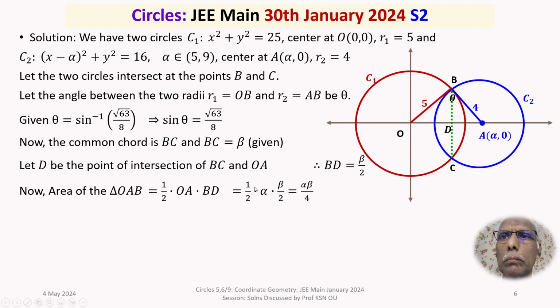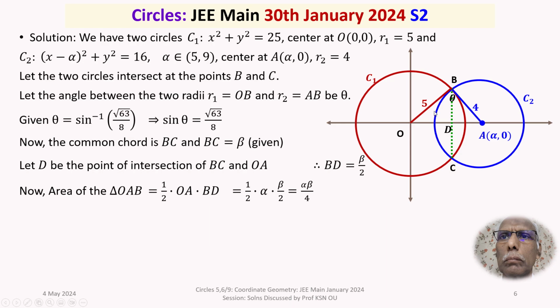OA is alpha because A is (alpha, 0) and O is the origin (0, 0), so the distance is alpha. So 1 by 2 alpha into BD, which is beta by 2, gives alpha beta by 4.